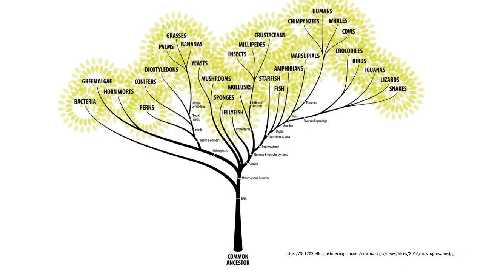If we look at this generic tree of life, we can see the common ancestor is the base of the tree. Evolution says we all evolved from this one common ancestor, and over time it developed into new organisms and new groups of life.